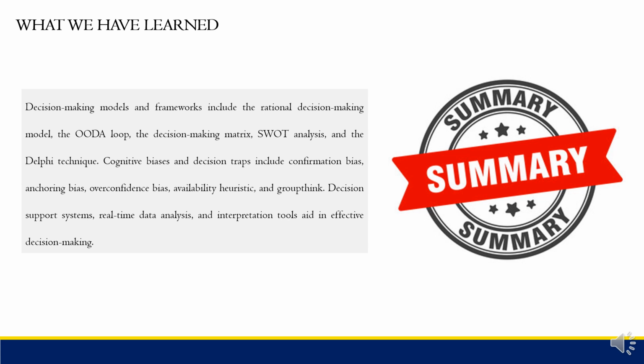Cognitive biases and decision traps include confirmation bias, anchoring bias, overconfidence bias, availability heuristic, and groupthink. Decision support systems, real-time data analysis, and interpretation tools aid in effective decision making.